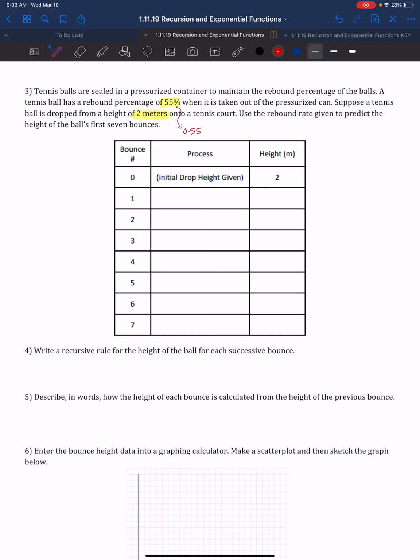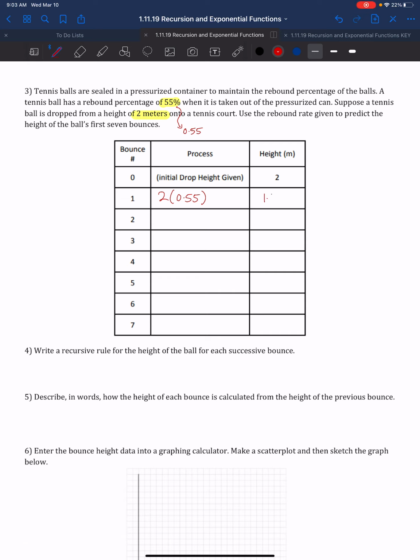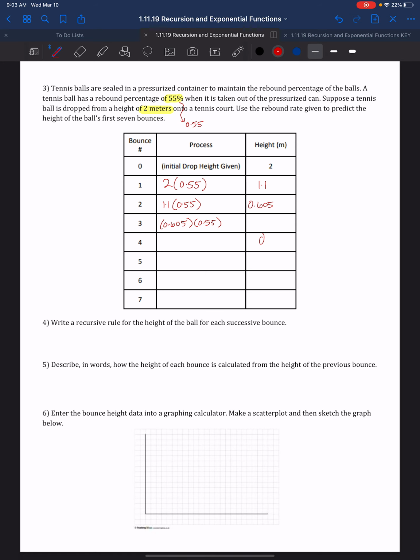So after one bounce, okay, it's going to be the same thing as before. I have my previous height and multiply it by my rebound percentage. So if I do that for each one, I'm going to get 1.1 here. Then the next one's going to be 1.1 times 0.55. It's going to give me 0.605. And I'm just going down the list. 0.605 times 0.55, I'm going to get 0.33.